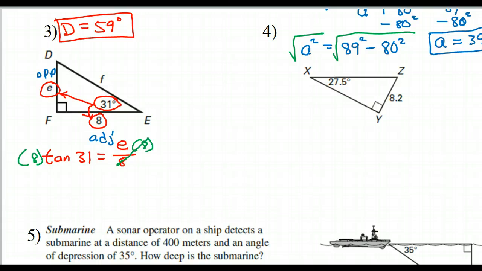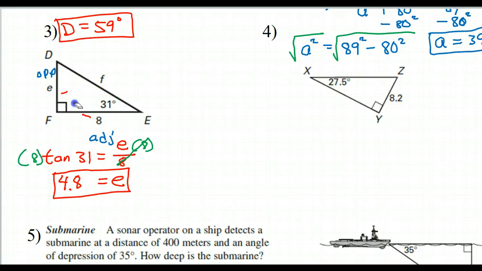And that is going to give me that E equals 8 tan 31, and I put that in my calculator, and that is 4.8. So that is E. Now I have angle D and I have side E, so now I need to do side F.